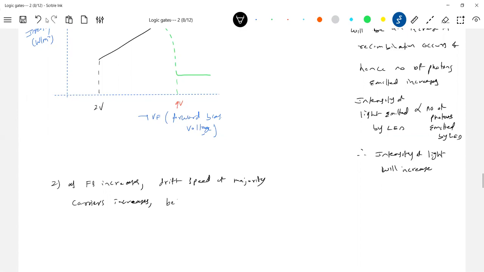Because of this, a hole fails to capture a fast moving electron. A hole in the p type fails to capture a fast moving electron moving from n type to p type.